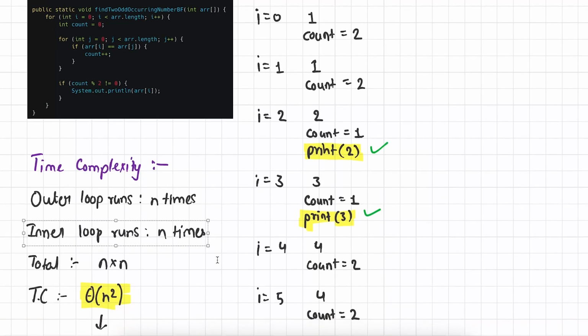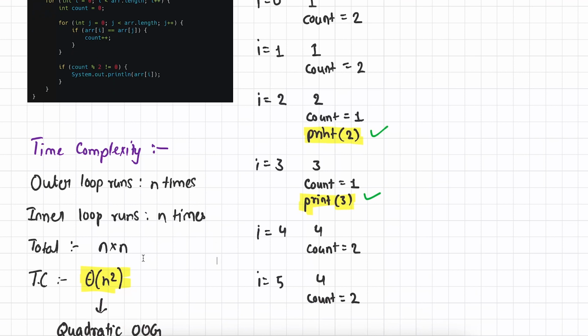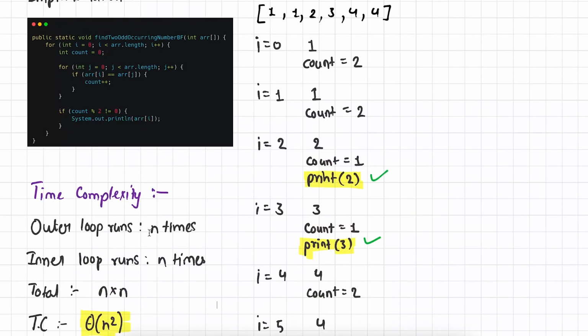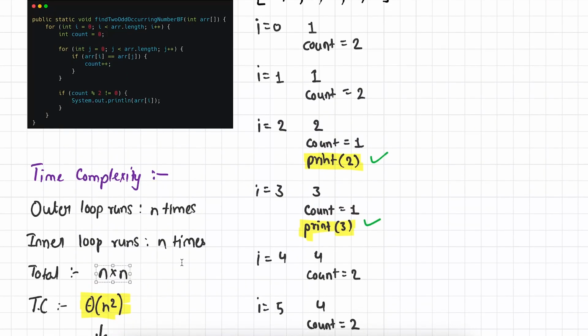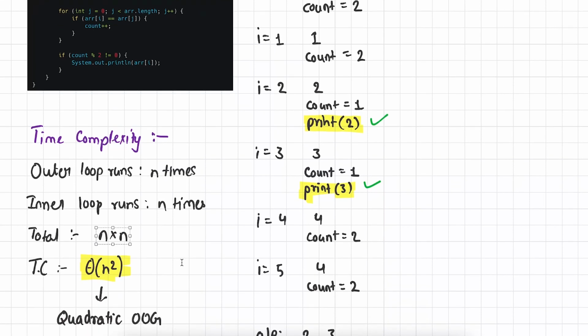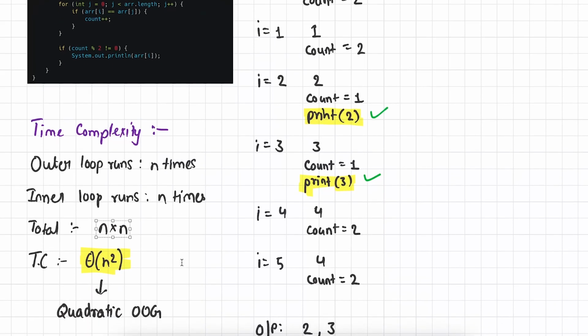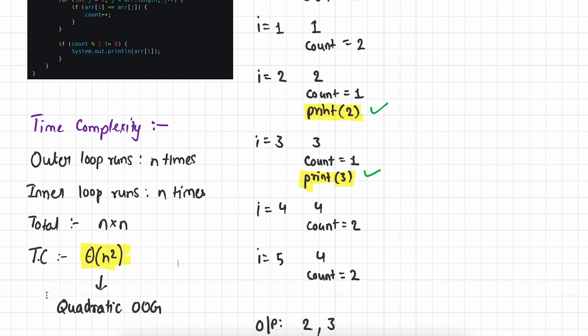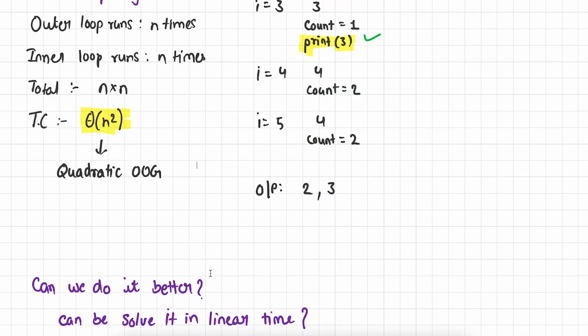So the total time is going to be n into n, because it is a nested loop. The overall time complexity of this algorithm comes out to be theta of n square, and it belongs to the quadratic order of growth class.